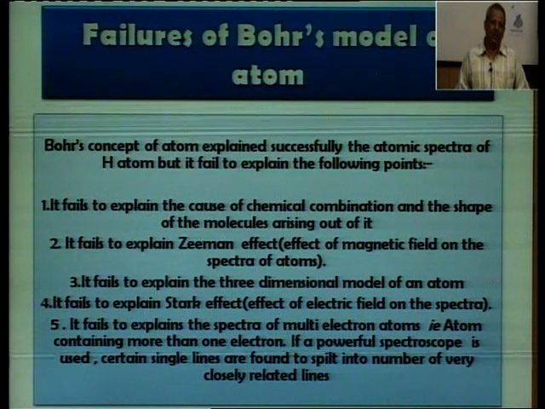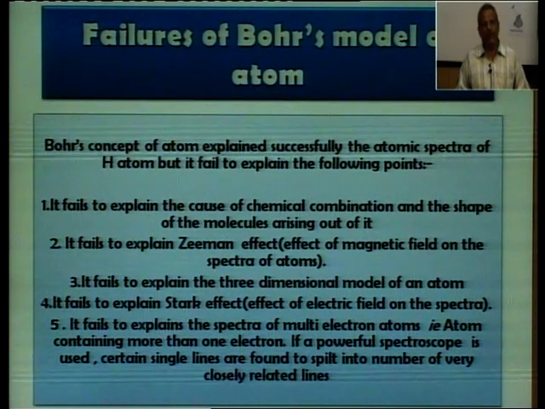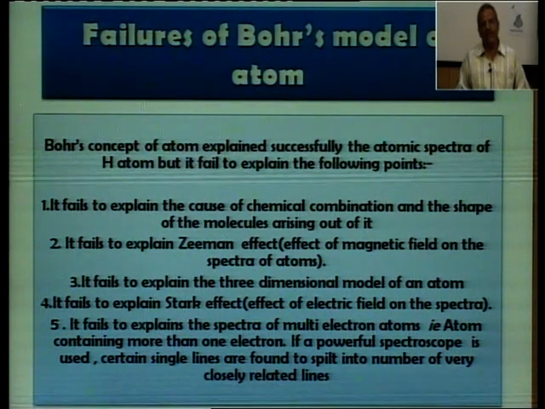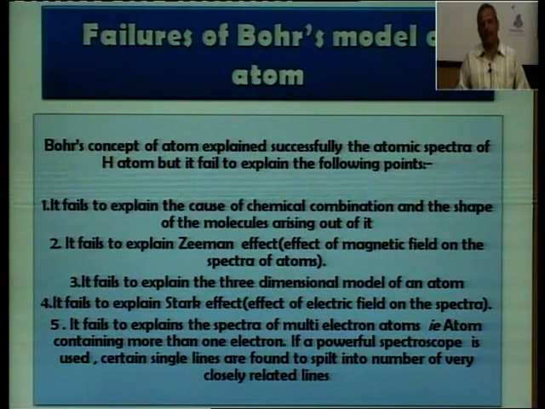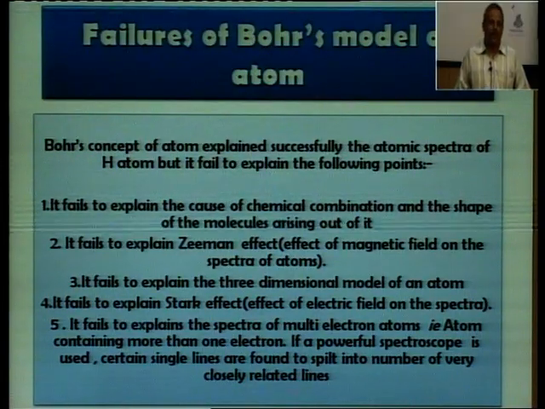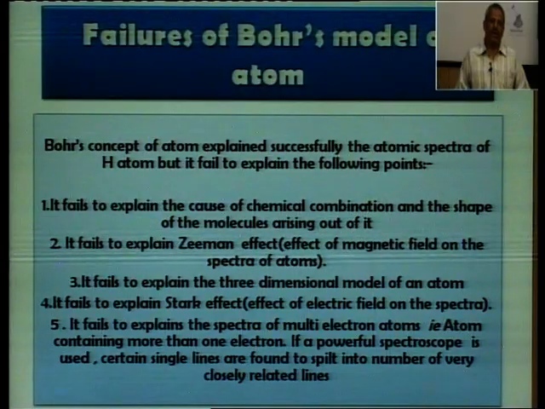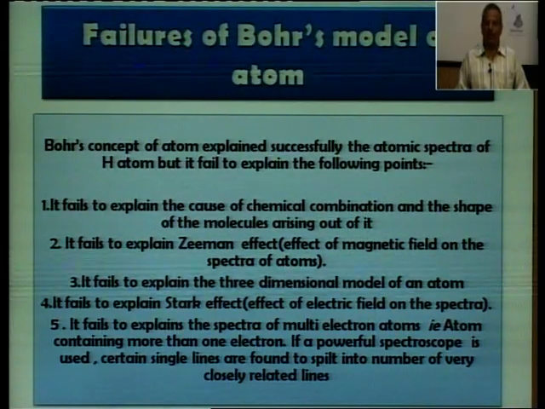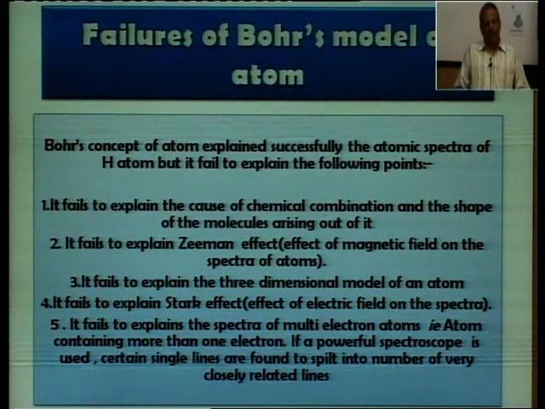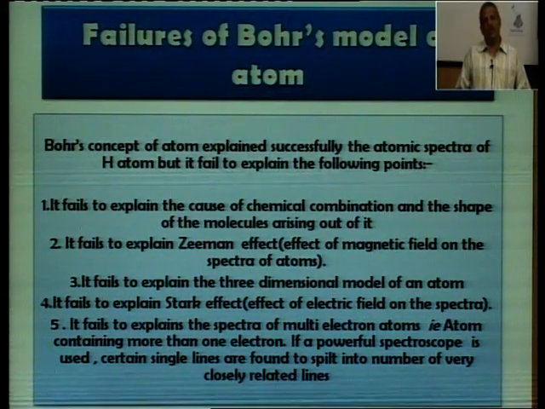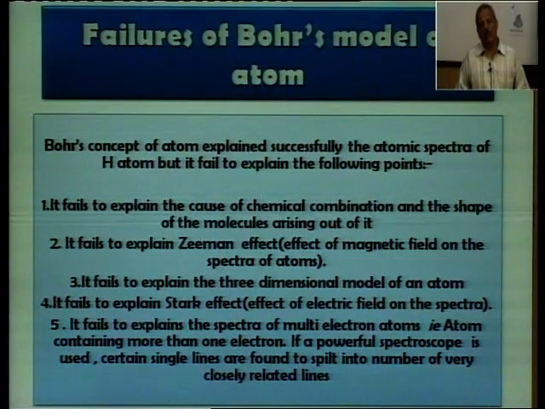Third, it fails to explain the 3-dimensional model of an atom. Number 4, it fails to explain the Stark effect of an electric field on the spectra. It also fails to explain the spectrum of multi-electron atoms, that is, atoms containing more than one electron.